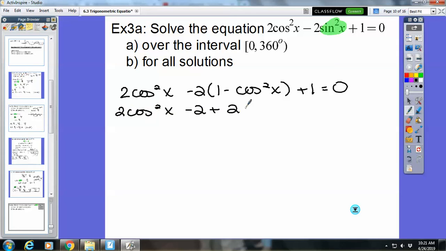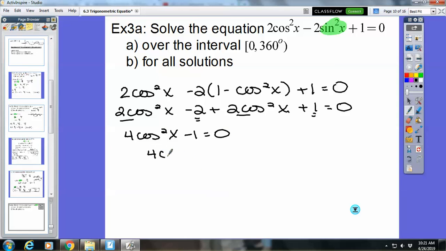So if we distribute, add our like terms, then what do we do?